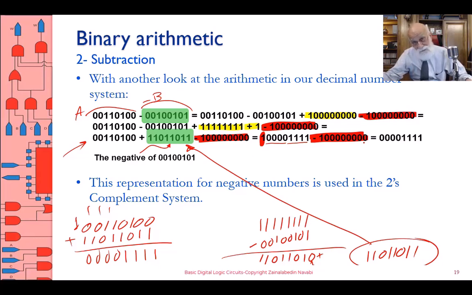Actually, they compensate. So the subtraction of the 100001111 minus 180 becomes this.